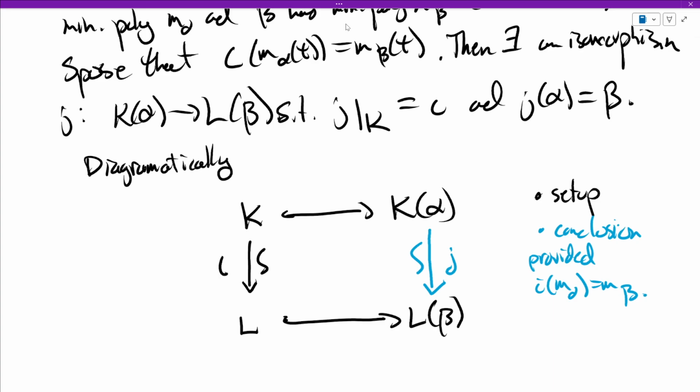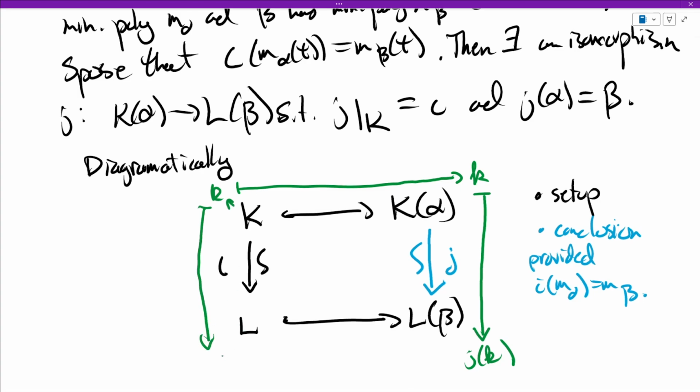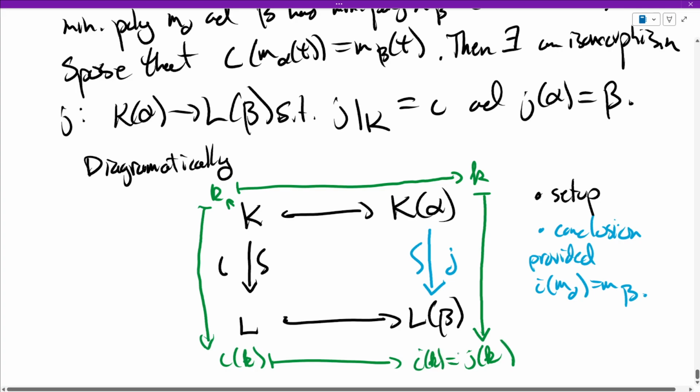First of all, if I were to start with a K, let me use green, if I were to start with a K here, and I send it over to K adjoin alpha, well, when I just include it in, it stays as K. And then when I apply J, I go down here. K gets sent over via iota to L, and then it gets sent naturally with the natural inclusion of L into L beta there.